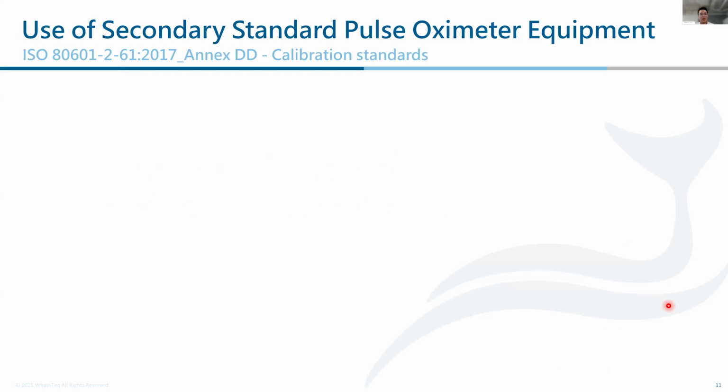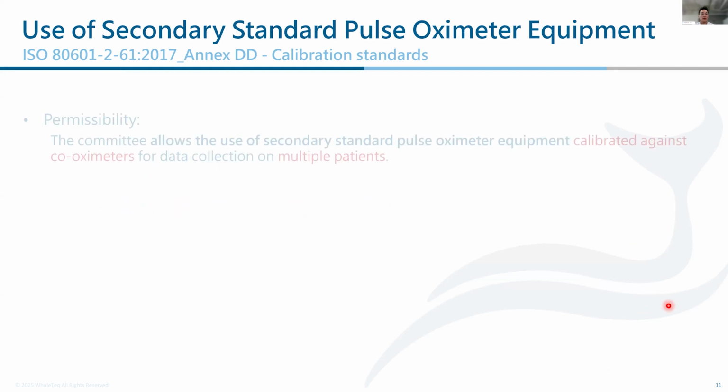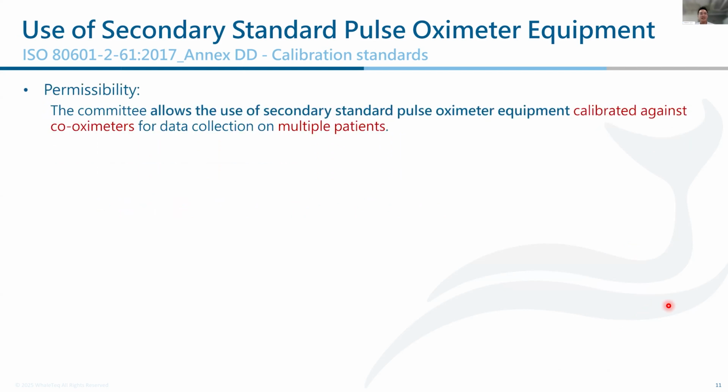It starts at the Annex DD calibration standard. First, the IEC committee allowed the use of secondary standard pulse oximeter equipment, which is calibrated against a CO-oximeter, for data collection on multiple patients.